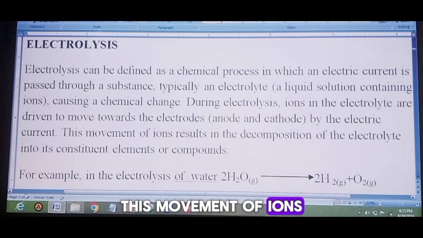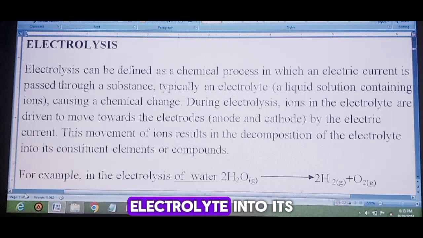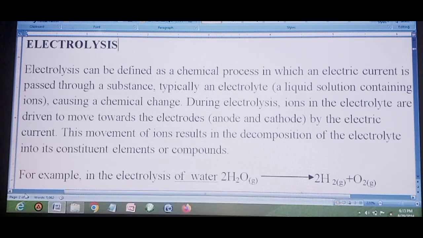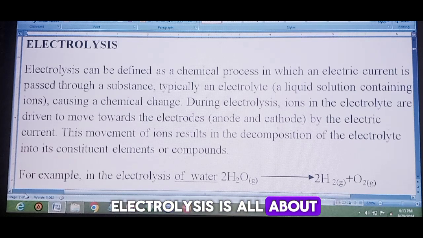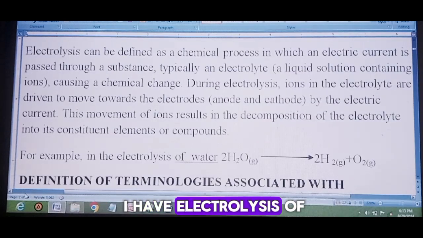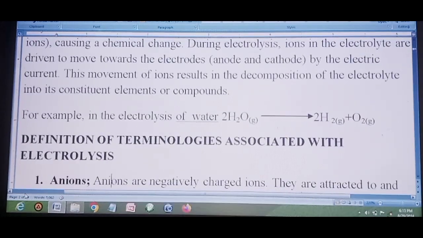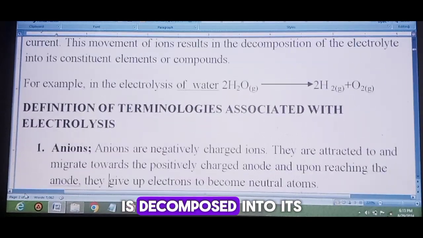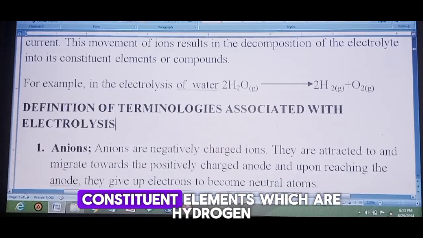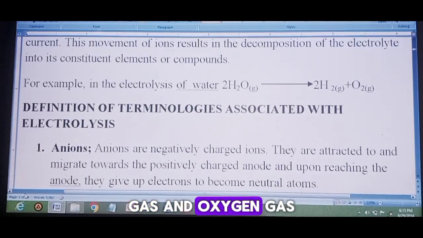This movement of ions results in the decomposition of the electrolyte into its constituent elements. So, this is what electrolysis is all about. For example, here I have electrolysis of water, whereby water is decomposed into its constituent elements, which are hydrogen gas and oxygen gas.